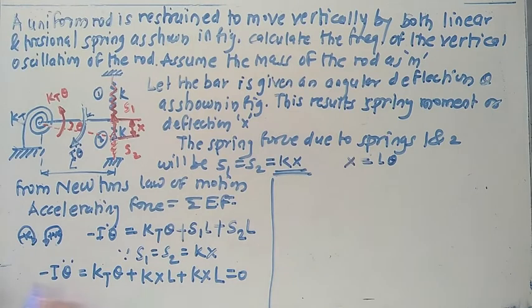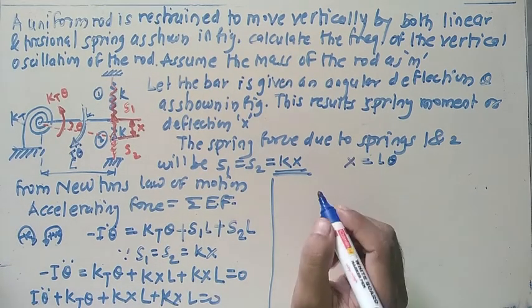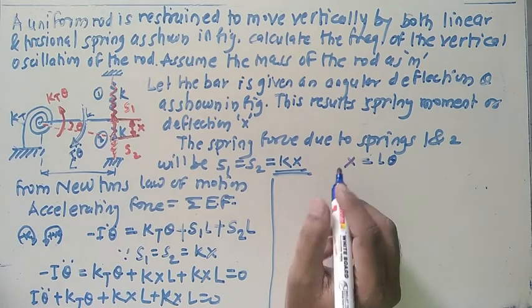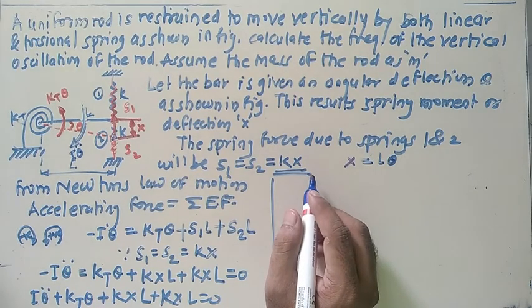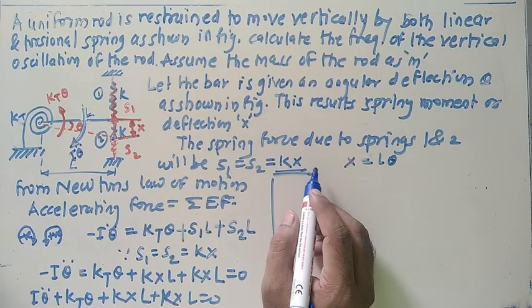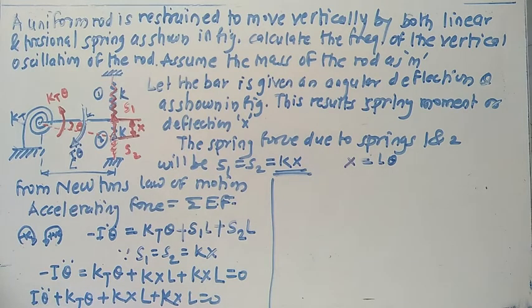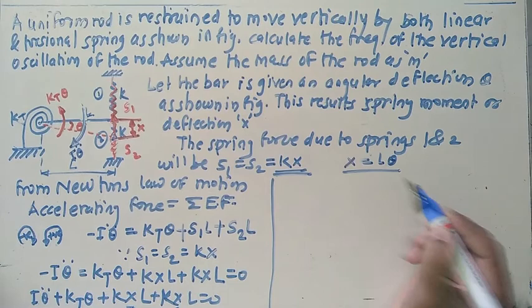Now take all the terms towards one side, so everything becomes positive. In the next step, try to simplify this. Already we have seen x is nothing but L theta.